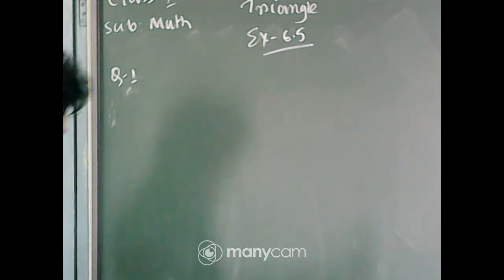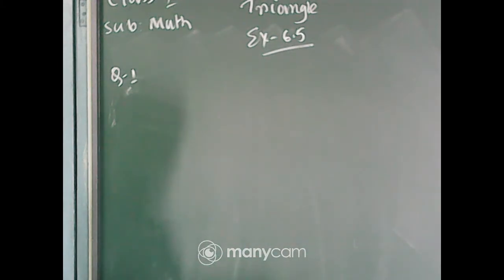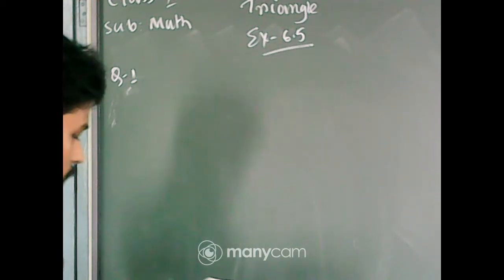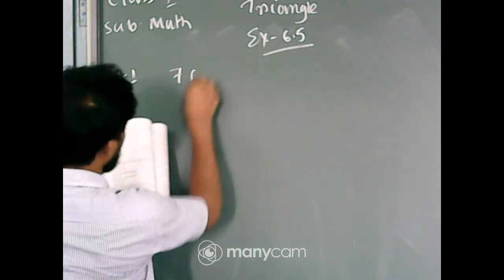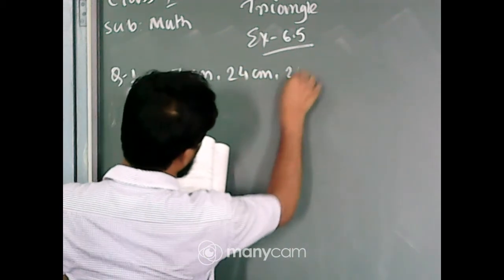The sides of a triangle are given; determine which of them are right angle triangles. If the sides of any triangle satisfy the Pythagoras theorem, then the triangle must be a right angle triangle. In the first part, the sides are 7 centimeter, 24 centimeter and 25 centimeter.